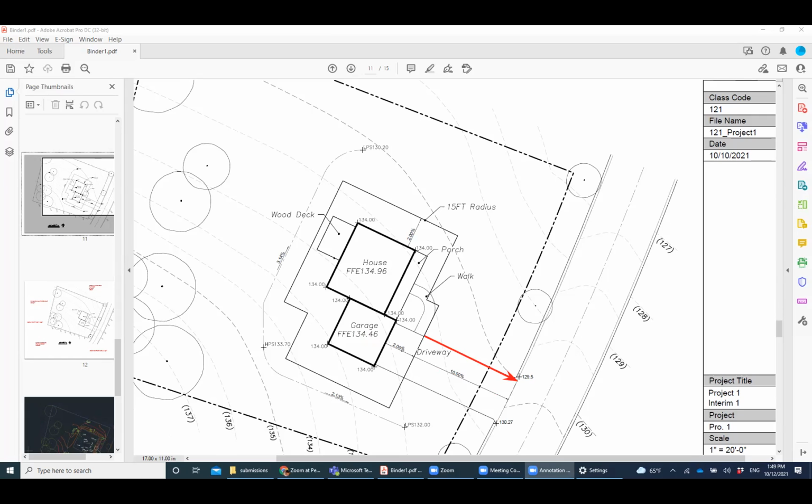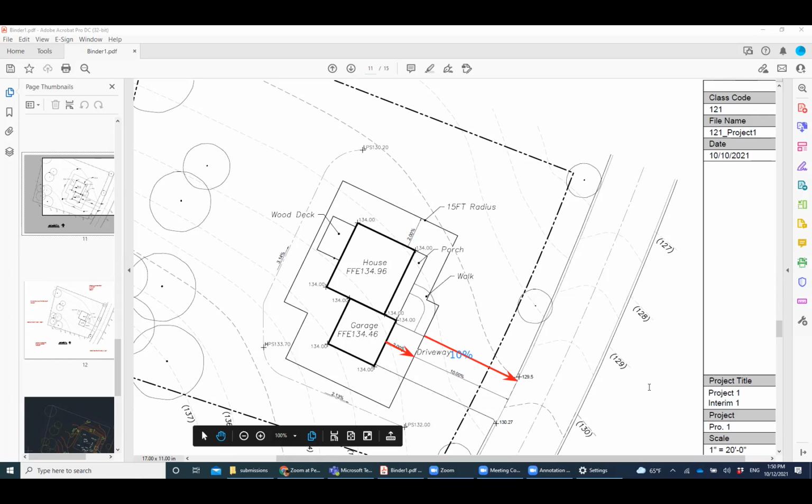Okay, if you have 2% away from your garage, then it actually means you can keep your garage FFE, but then this portion will be above 2%. Yeah, to make sure that the steeper side is actually less than 10. That needs to be less than 10. All right. Okay, so double check that one.